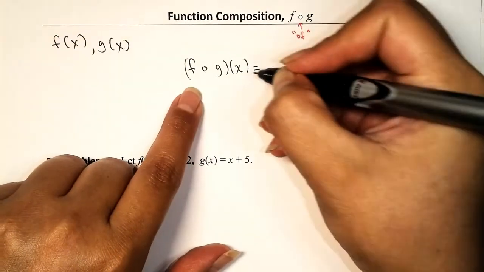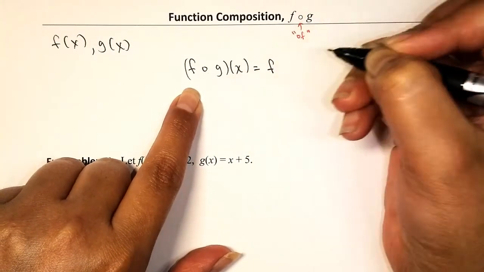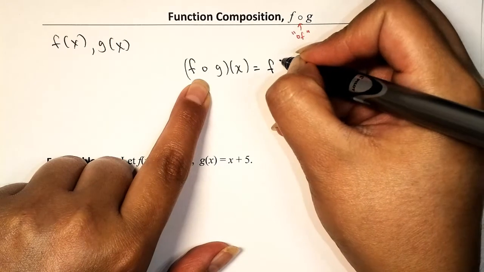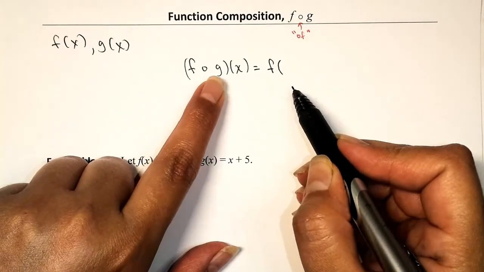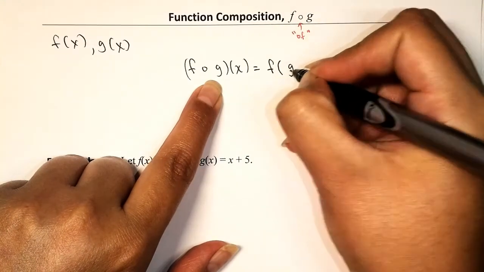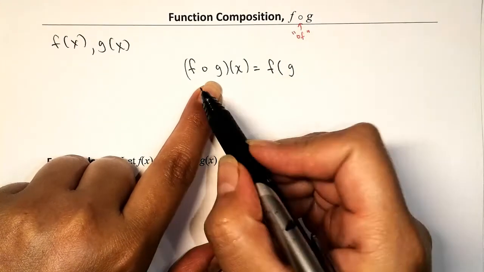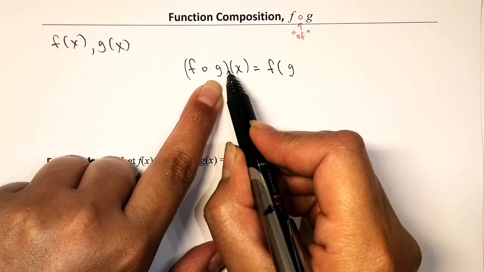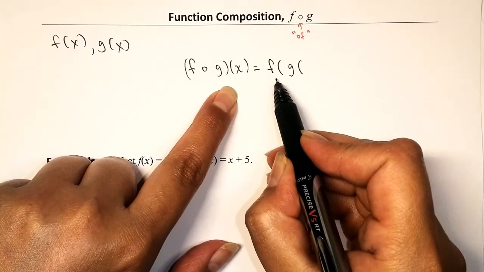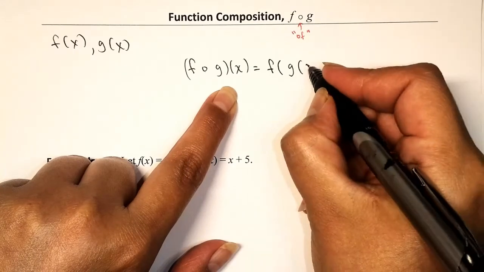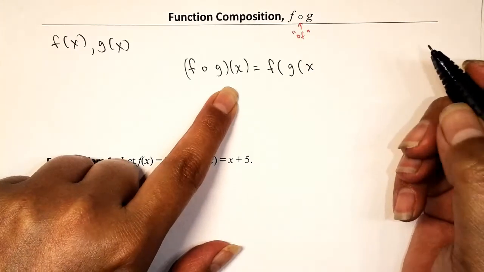So we have f, and we'll read this symbol as "of," so we'll put open parentheses, f of something, f of g, and f of g, another "of," so another open parenthesis, f of g of x. Let's go ahead and close those parentheses.